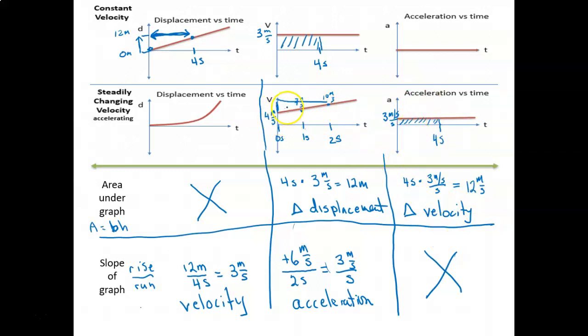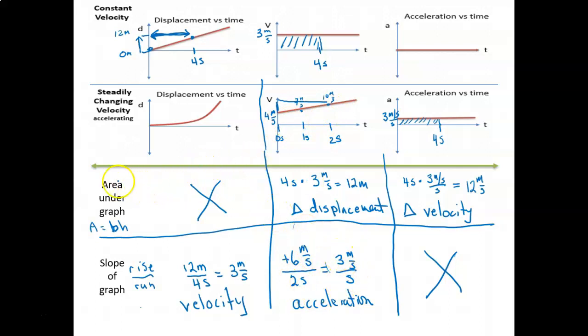The area under a velocity versus time graph tells us how much the displacement changed during that time. The slope of a distance or displacement versus time graph will give you the speed or velocity. The slope of a velocity versus time graph will give you the acceleration.